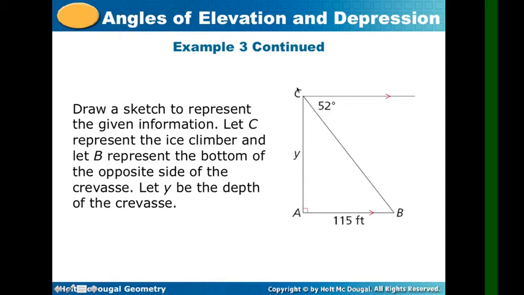Halimbawa, nandito si climber, and then sa tingin niya, nung tumitingin siya, using the angle of depression, ito yung straight line. 52 degrees yung kanyang sight. Tapos yung height, kung saan siya nakatayo, yung Y. Yung distance niya dun sa tinitignan niya is 115 feet. Okay?